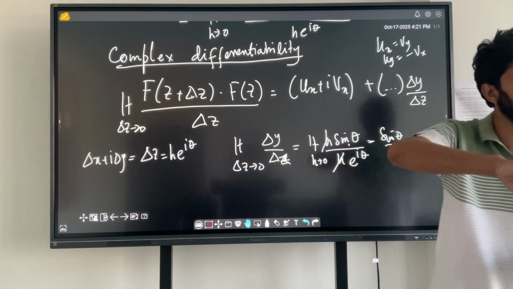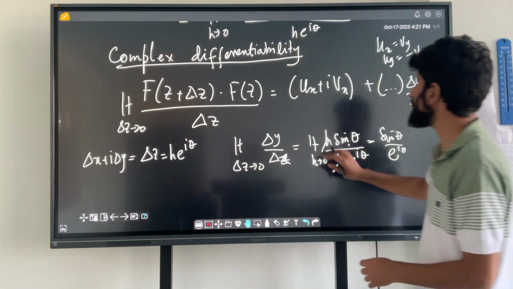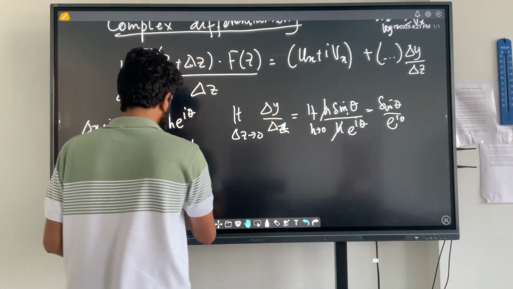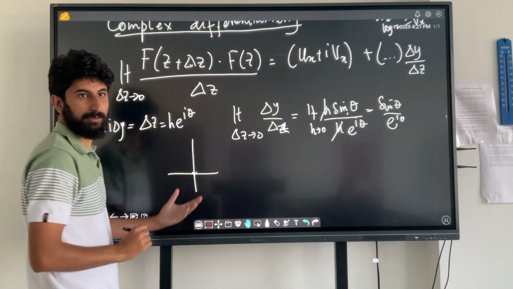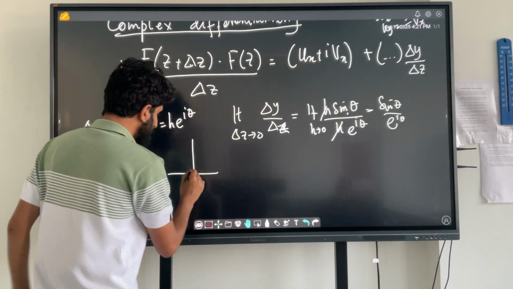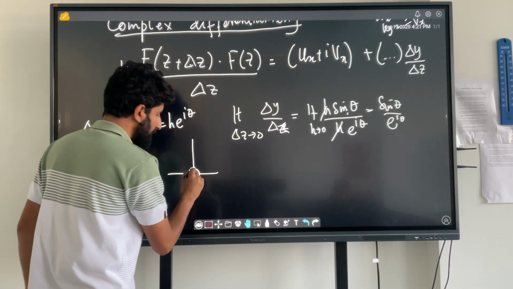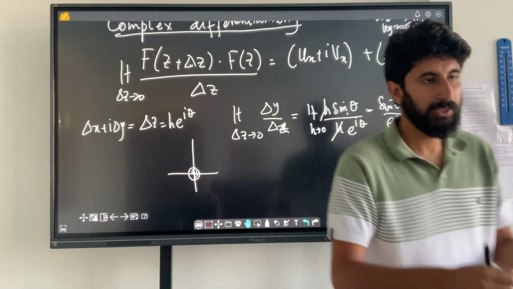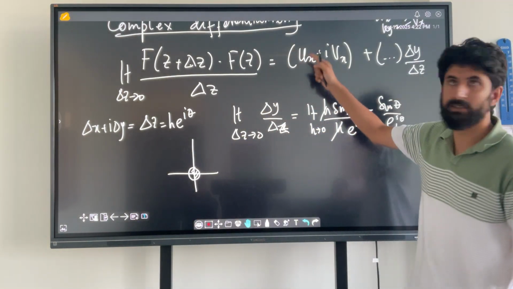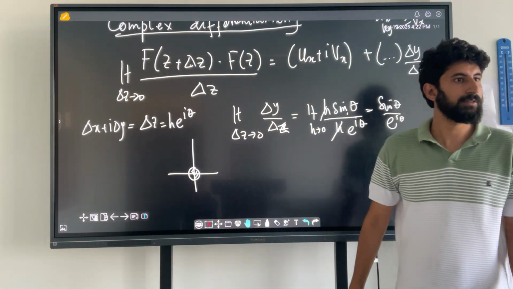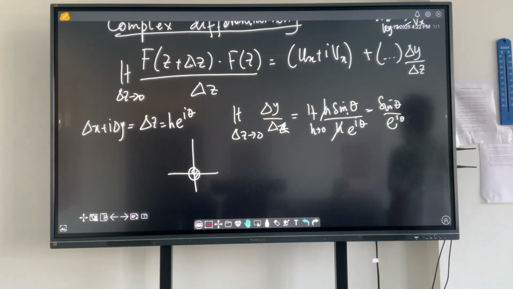They should be continuous in some small region around z. When you compute these partial derivatives, they should be continuous in some neighborhood, because you want every direction to give you the same result. Yes, sir. Okay? Yes.